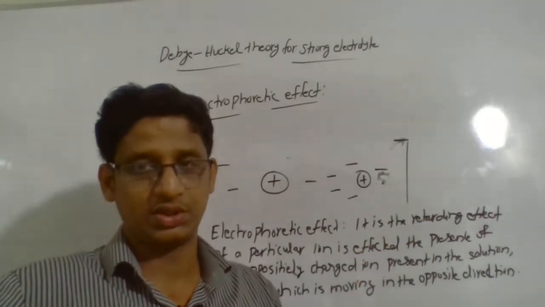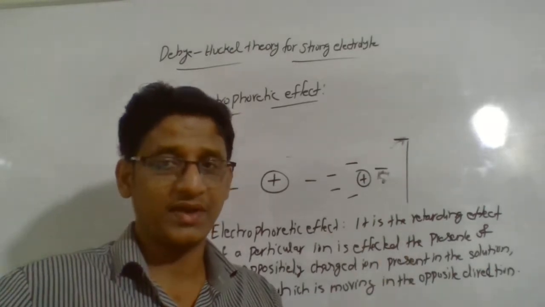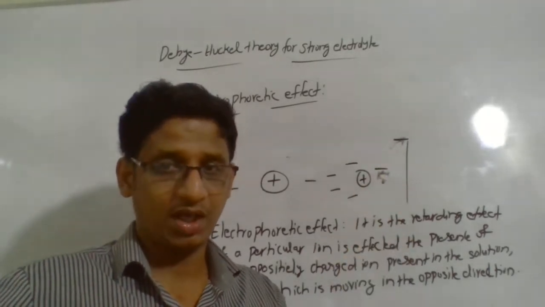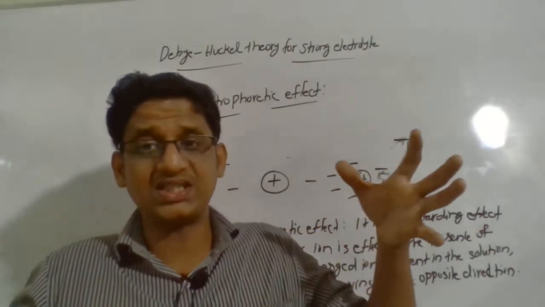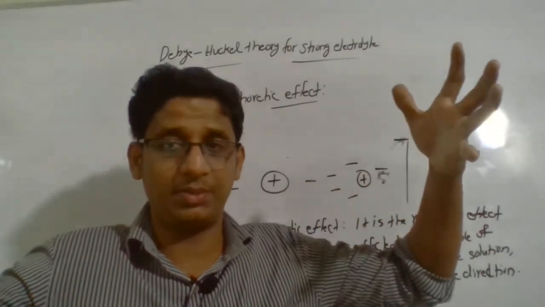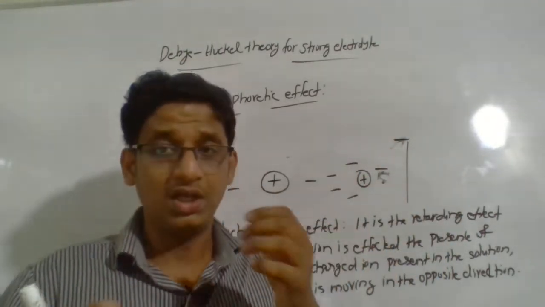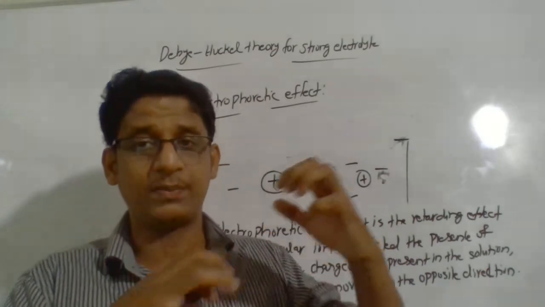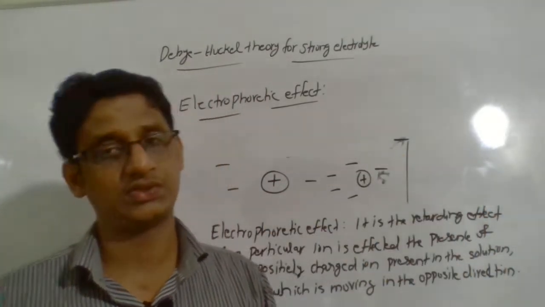There is very minimum electrophoretic effect and very minimum asymmetric effect. The symmetric atmosphere will be there, but the distance between the ions will be greater because more volume is there. So the electrostatic force of attraction between the oppositely charged ions will be less, and they have better movement in aqueous solution.